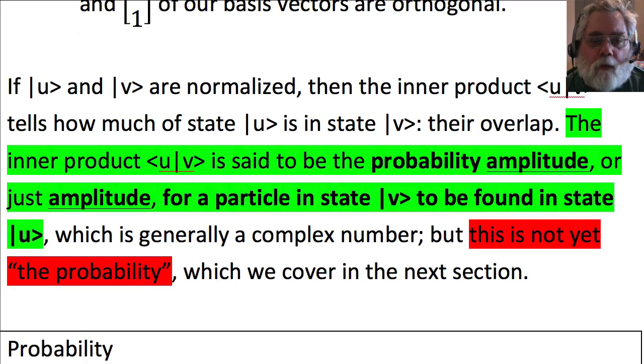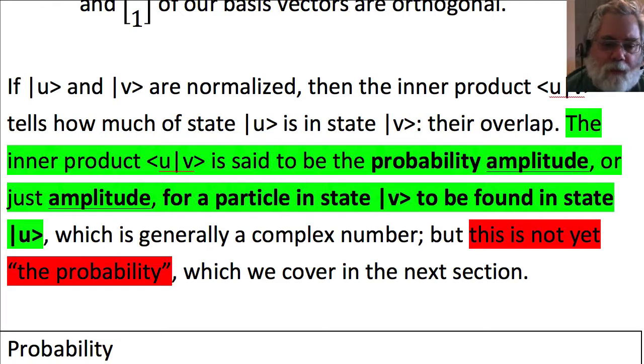If u and v are normalized, then the inner product of u with v tells how much of state u there is in state v, their overlap. The inner product of u with v is said to be the probability amplitude, or just amplitude, for a particle in state v to be found in state u, which is generally a complex number.